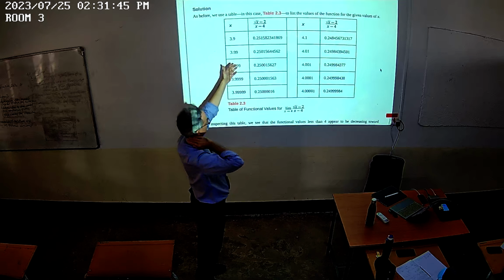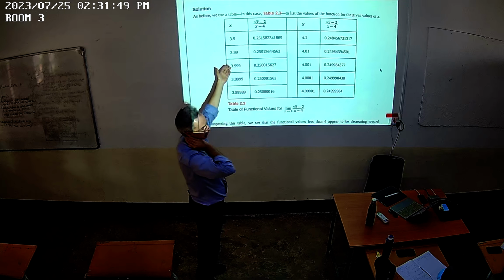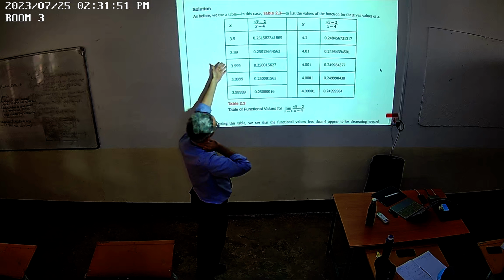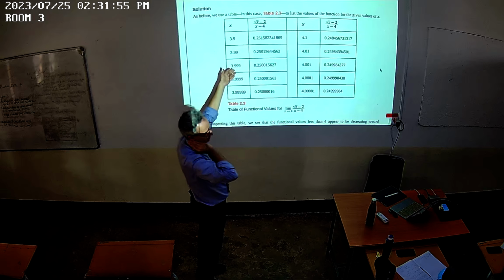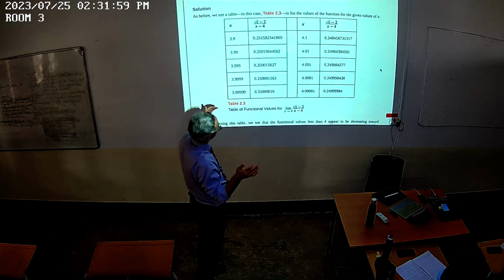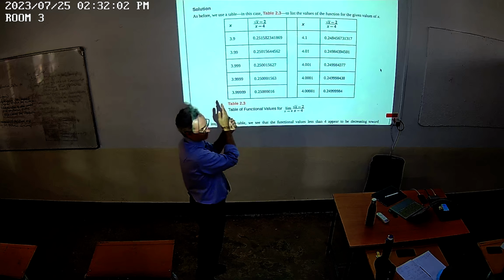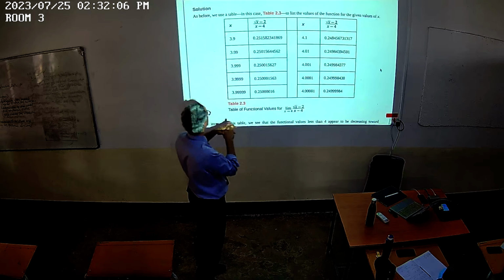The square root of 4 is 2, minus 2 is 0, divided by 4 minus 4 is 0. We have 0 divided by 0, not defined. But is my function approaching a value as x approaches 4? So we say, okay, let's say x is 3.9.